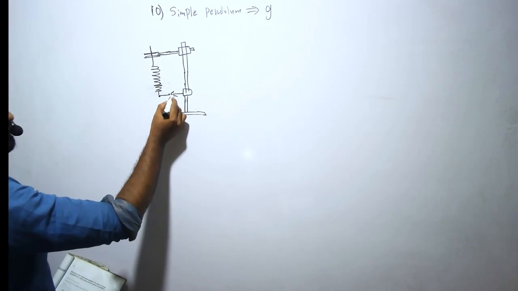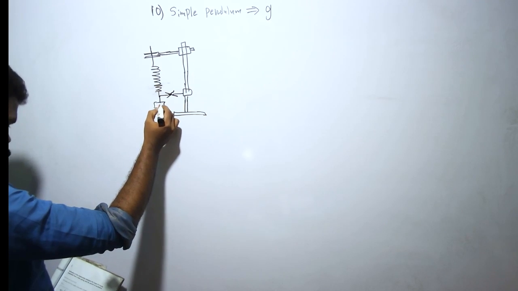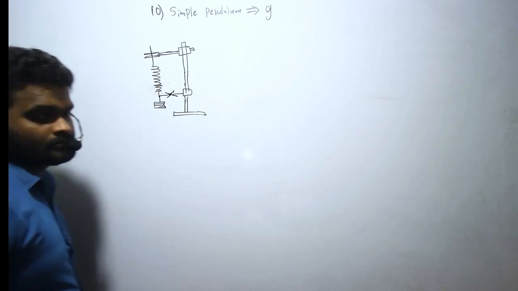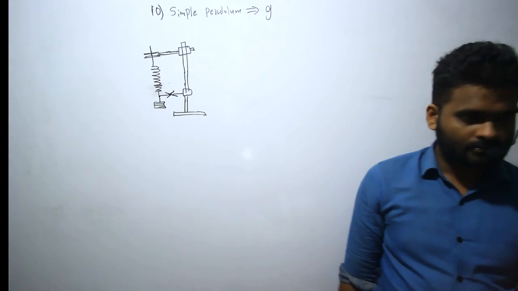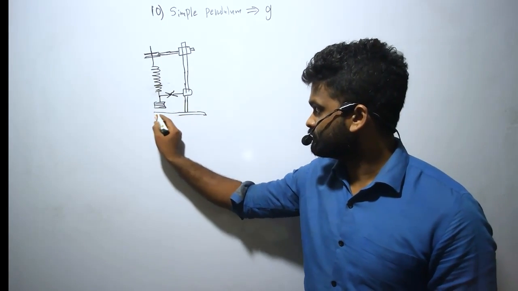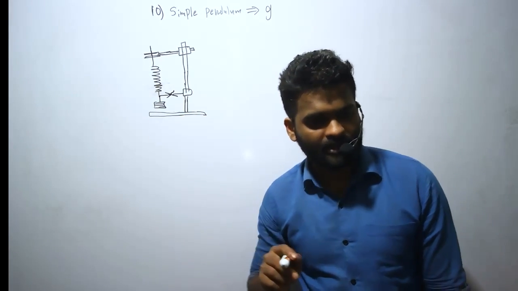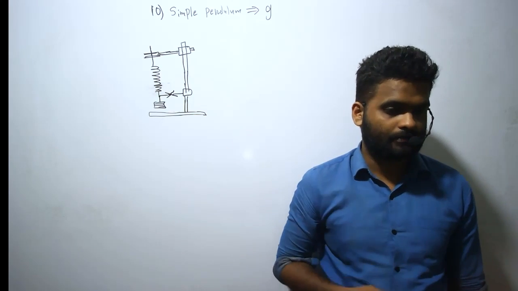Now the locating pin is here like this, right? I'm not mentioning materials and apparatus, those things, because those are already in the book.